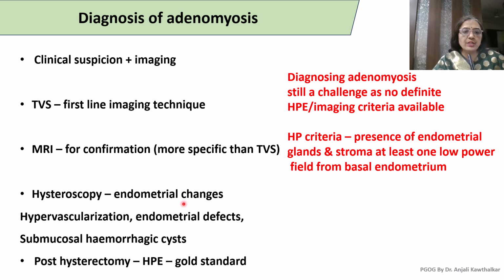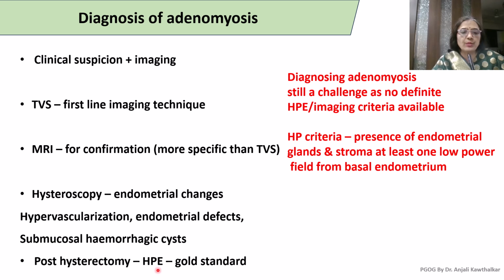There are endometrial changes which are seen by hysteroscopy, such as hypervascularization, endometrial defects, and submucosal hemorrhagic cysts. So these changes mainly point towards the possibility of a woman having adenomyosis.